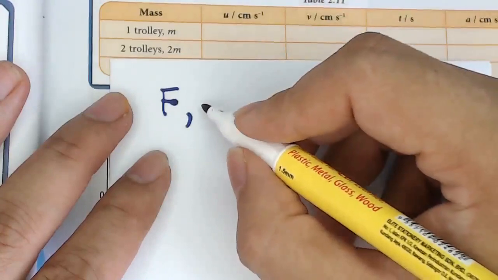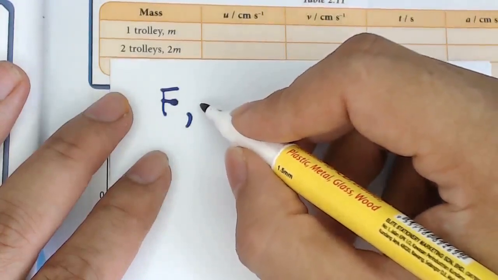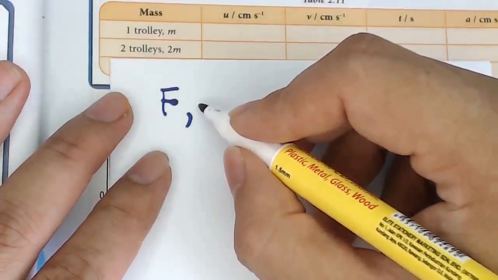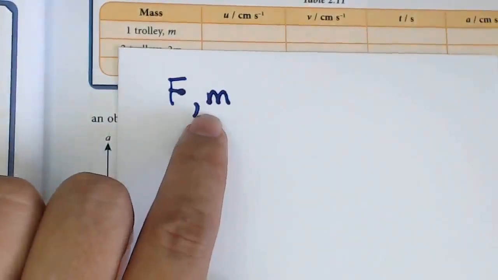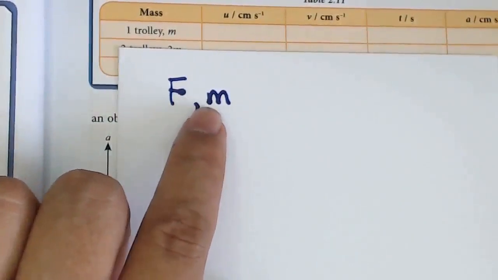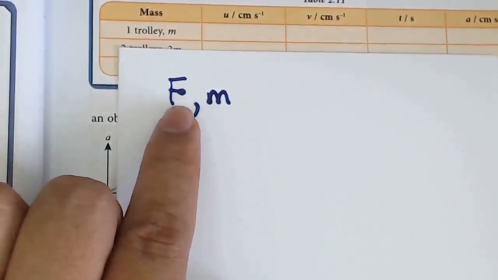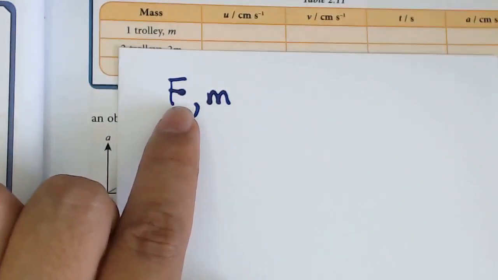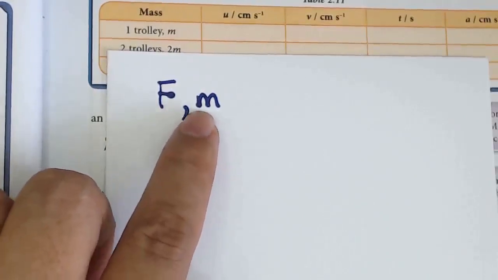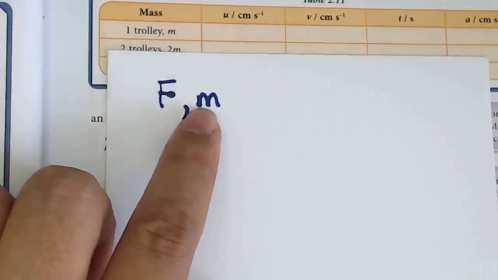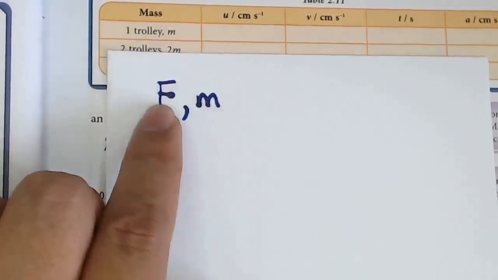Okay. It is the mass of the object. The mass can affect how much force is required to be exerted on this mass. If we put more load, meaning we increase the mass, what will happen to the force?